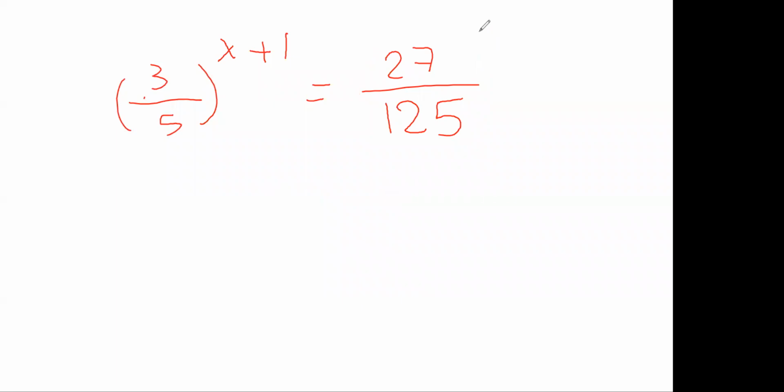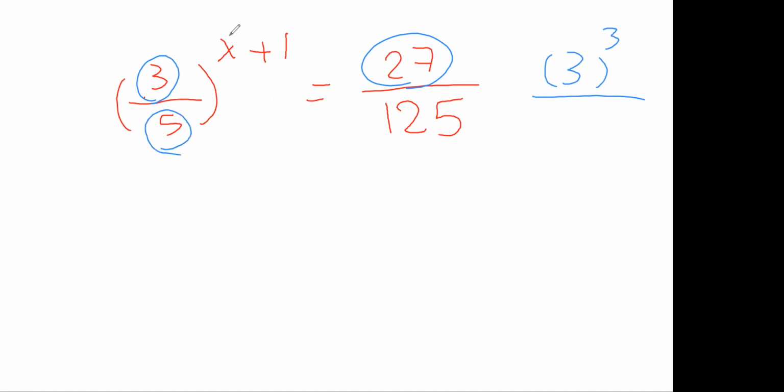I want to change. So I have to look at the numbers very well. 3 over 5: could 3 change to be 27? Power 3. Yes, 3 can be 27 when I make it 3 power 3. And 5, could it be 125? Also power 3, when I make 5 power 3 equal 125.